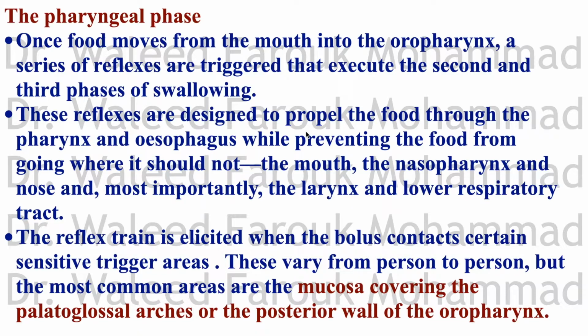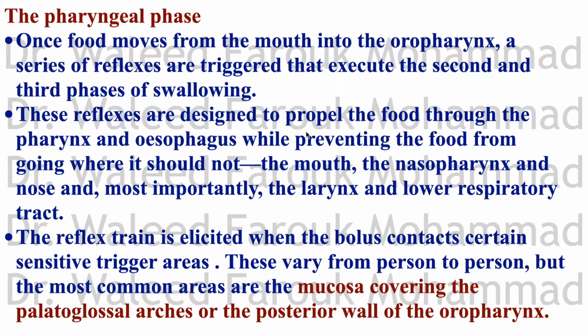The reflexes are designed to propel the food through the pharynx and esophagus while preventing the food from going back where it shouldn't, like the mouth, the nasopharynx and nose, and of course the larynx and the lower respiratory tract.